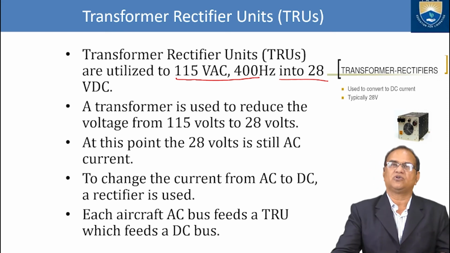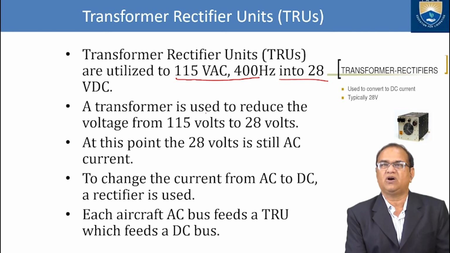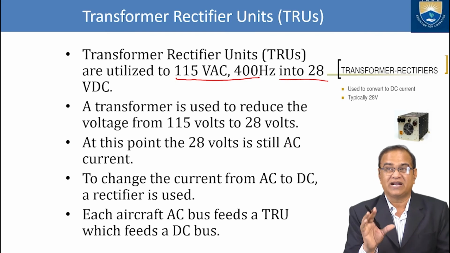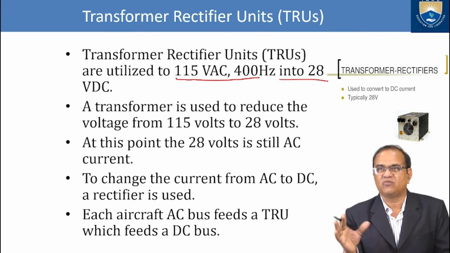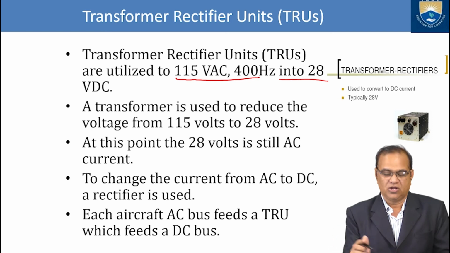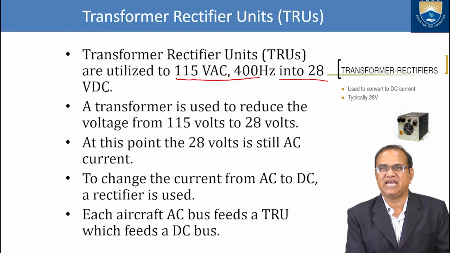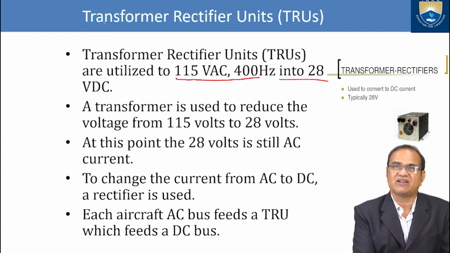Okay. So a transformer is used to reduce the voltage from 115 to 28 volt. At this point, the 28 volt is still AC current. So first the transformer will convert from 115 to 28 volt AC. To change the current from AC to DC, a rectifier is required. So first is the transformer.